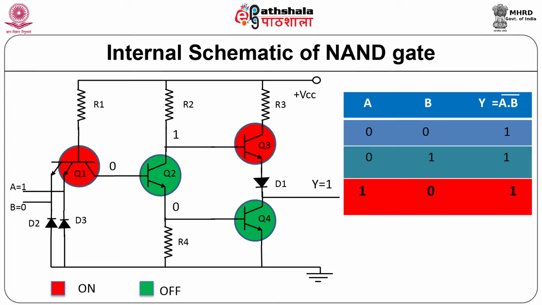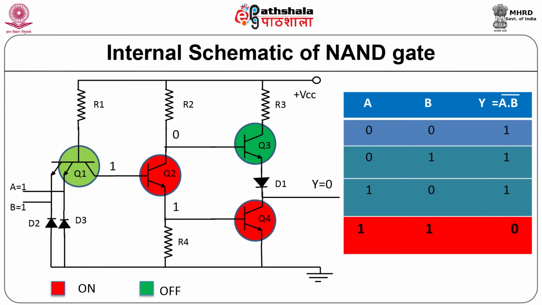If input A is logic 1 and input B is logic 0, then Q1 will be on, Q2 is off, the collector is at logic 1 and the emitter is at logic 0, and therefore again Q4 is off and the output is at logic 1.